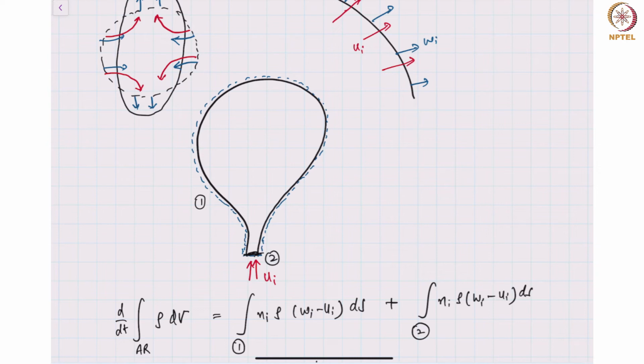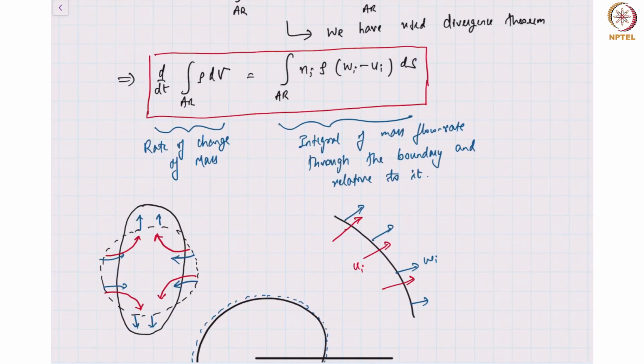Again this term is 0, but the second term is non-zero because it is the inlet to the balloon, where you put it in your mouth and blow air into the balloon. So wi is again 0, but ui is opposite to ni. So in the second scenario, you can actually have a varying boundary. The equation that I've highlighted in the box relates the rate of change of mass to what is happening at the boundary, meaning it takes care of mass flow rate through the boundary and relative to it.